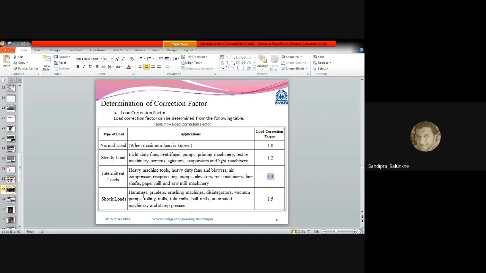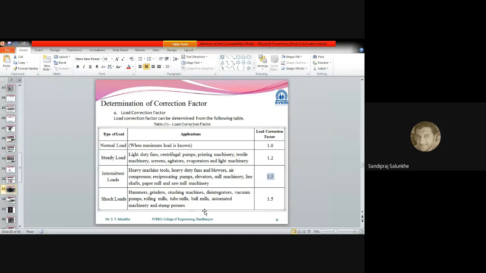So shock loads involve the hammers which are used in forging industries, then grinders, crushing machinery, then agitators, vacuum pumps, rolling mills, tube mills. Tube mills means where we are going to have seamless tubes, seamless pipes, manufactured.